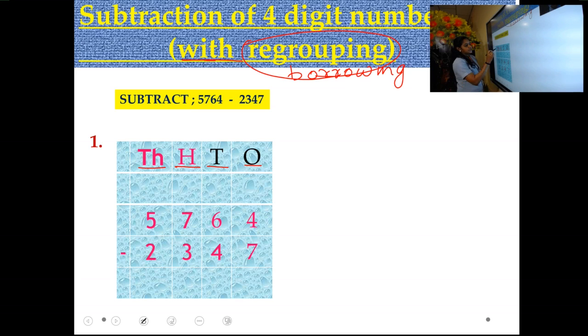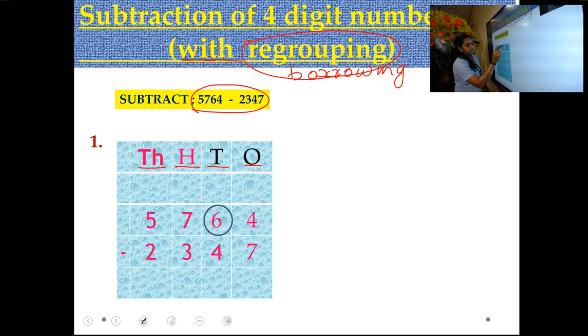So, 5 in thousands place, 7 in hundreds place, 6 in tens place and 4 in ones place. And put the minus sign, then the next number: 2 in thousands place, 3 in hundreds place, 4 in tens place and 7 in ones place. So, we will start.